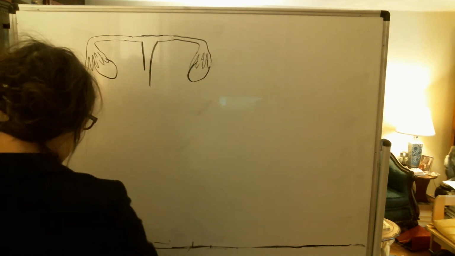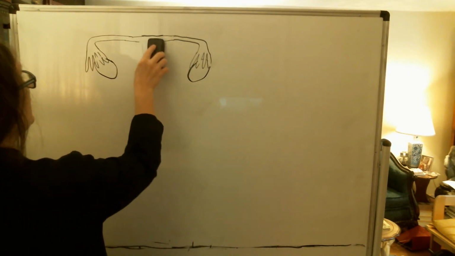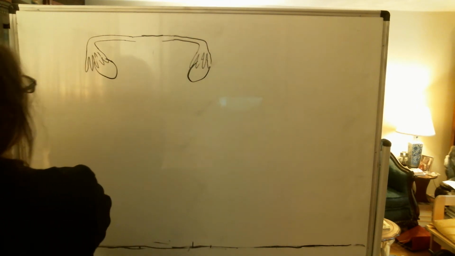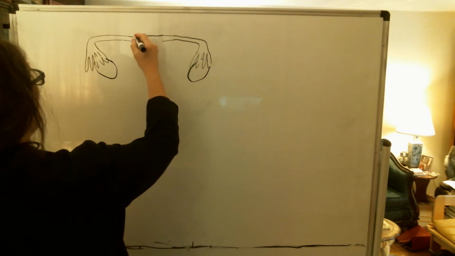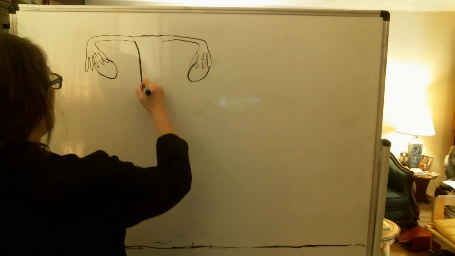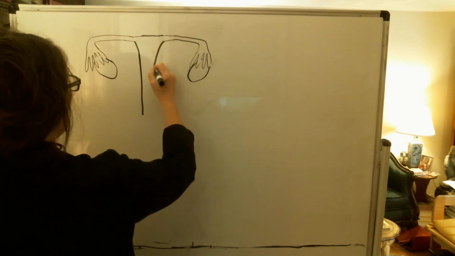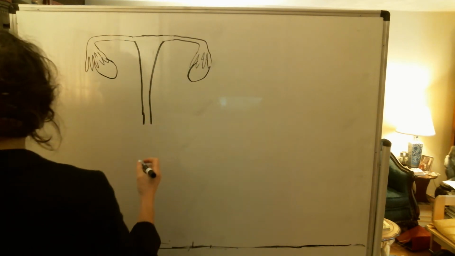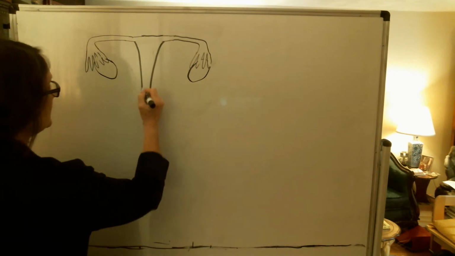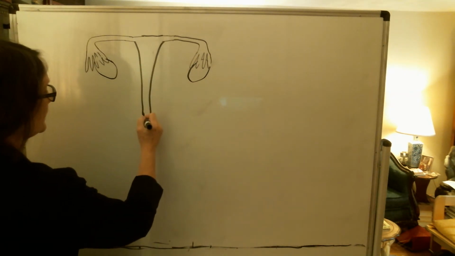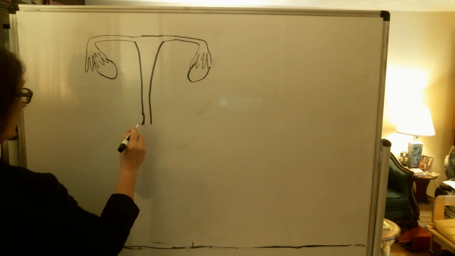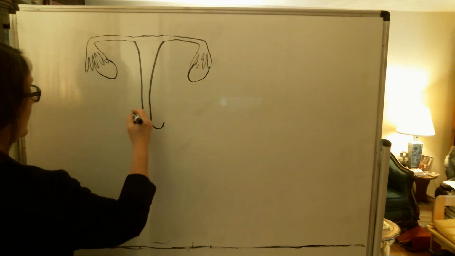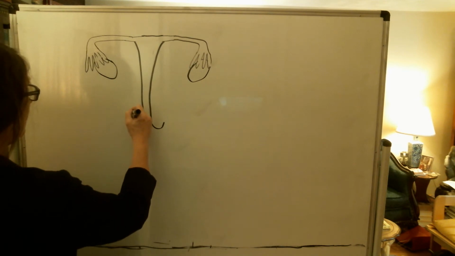I think I'm going to make that a little bit broader just so that you can see a bit better. Here we go. That will do. And what I'm getting at is that here we have a continuation of the tube, of a passage here.